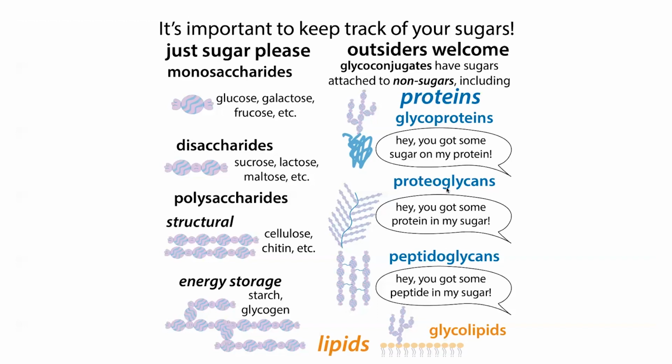When we come to proteoglycans, now the sugars play the starring role. So it's mostly sugar, with some protein in it. These can serve as important scaffolding hubs, and they can attract water and form gels. When you think about mucus, or fluid in your joints, these lubricating things are often proteoglycans.